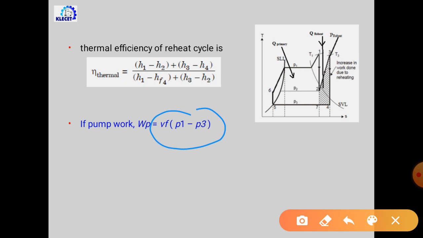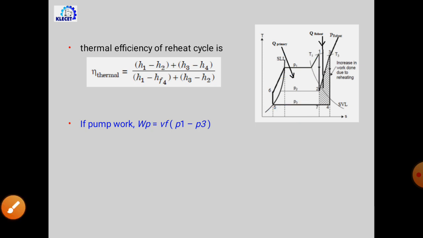Where Vf is specific volume of the fluid at the inlet of the pump, that is Vf5. Where P1 is higher pressure, that is boiler pressure, and P3 is condenser pressure at the inlet. So, we have used this formula in solving earlier numericals also. So, pump work formula, finally we understood this one.